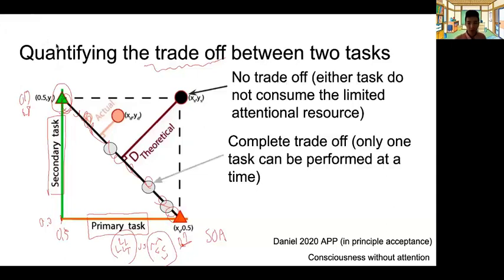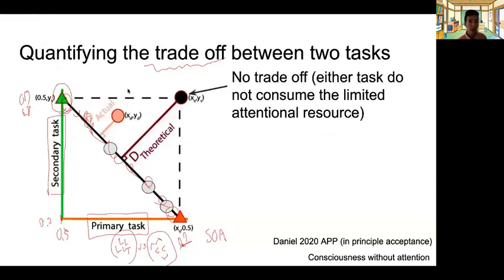if there is no trade-off, then each of the tasks can be performed perfectly on its own, perfect in the sense of 70% accuracy, and also 70% accuracy, because both of them are made difficult on their own. But they don't interfere or interact in either way.